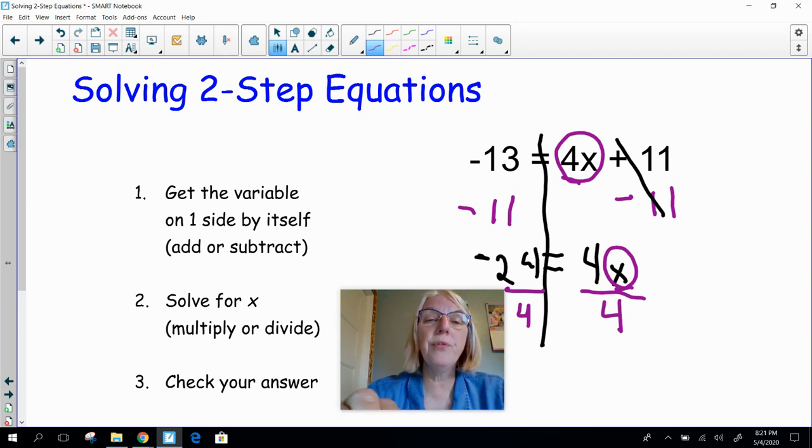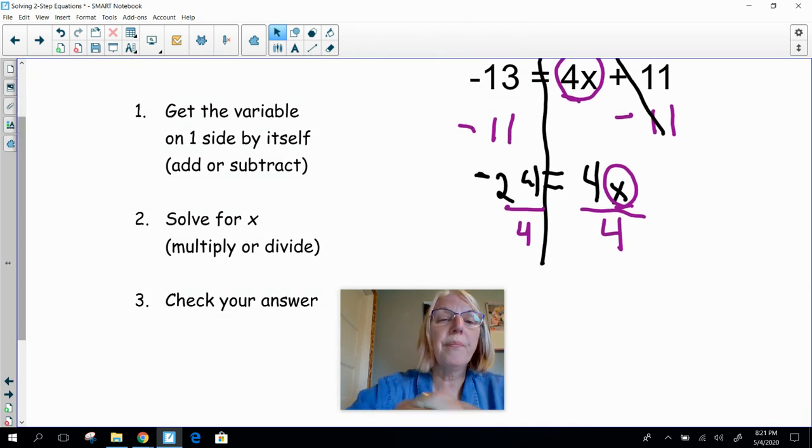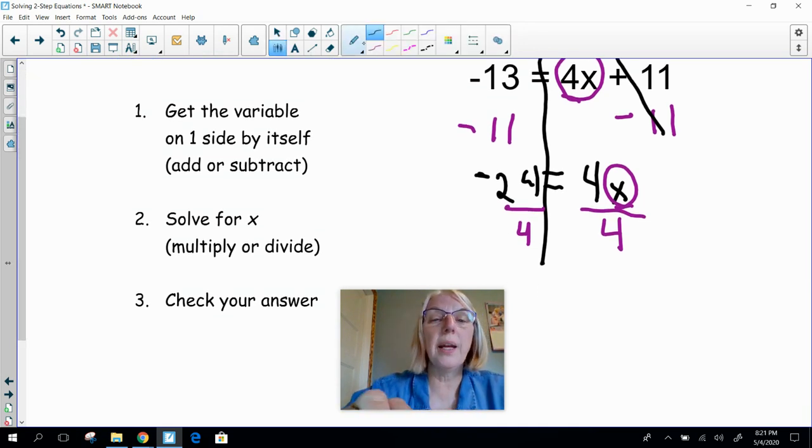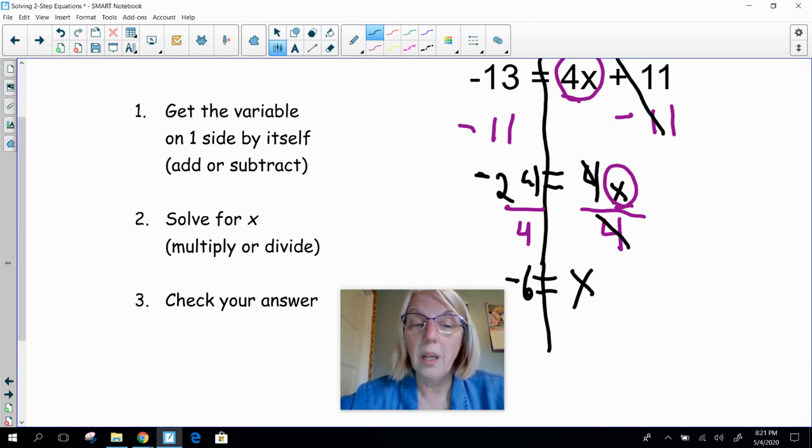When we divide by 4, we are going to find that on the left side, negative 24 divided by positive 4 is negative 6. And on the right side, 4 divided by 4 is 1, which is great because 1 times x is x.